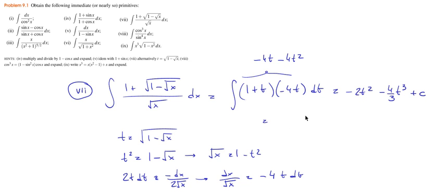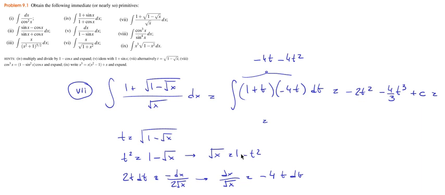And if you undo the change of variable, you have minus 2 times the square root of 1 minus the square root of x, squared. You can expand this if you want, and then you have minus 4/3 of... wait a minute, sorry. So 1 minus t squared is the square root of x, right?